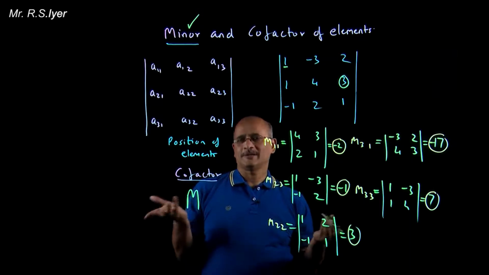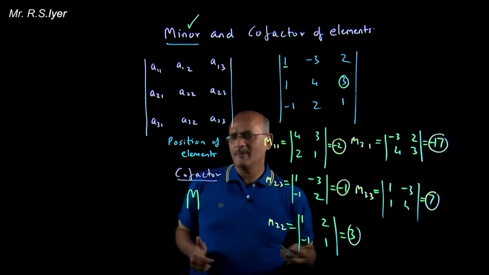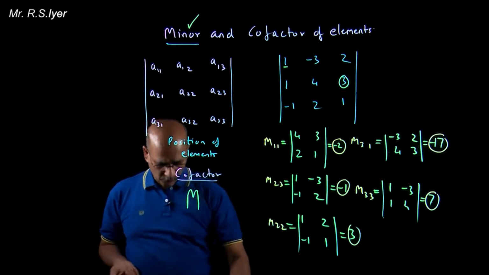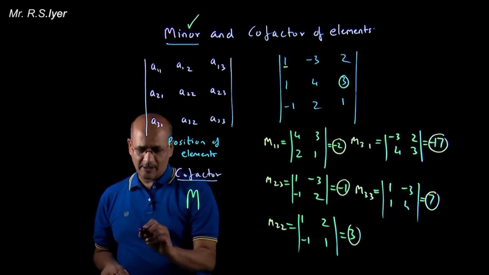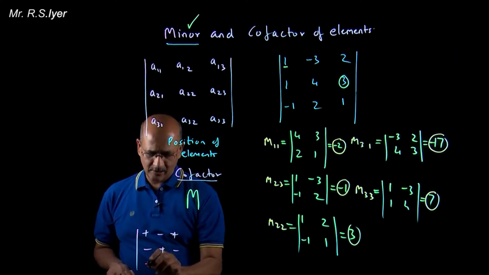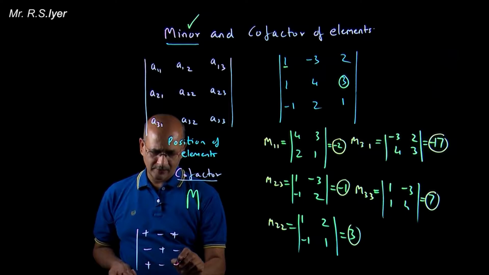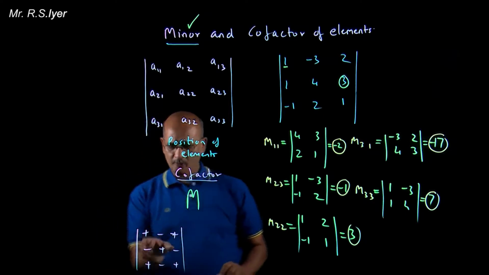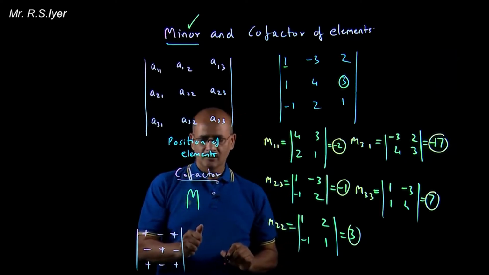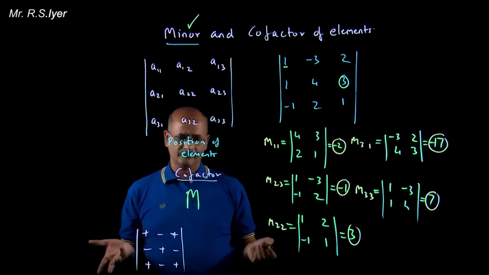So, what is this plus and minus sign? If you remember, when I was evaluating the determinant of order 3, I had explained to you all: plus, minus, plus, minus, plus, minus, plus, minus, plus. When you put these signs to the respective position of the element, it becomes cofactor.